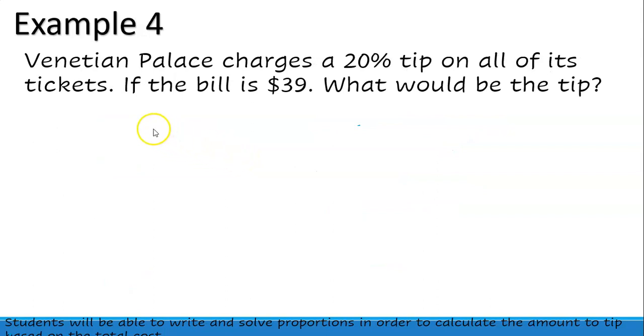Okay, Venetian Palace is one of the restaurants that I know charges a set tip. I believe it's 20% tip on all of its tickets. Lots of times if you go out to eat at a restaurant, if you have a group larger than 6, they'll charge a gratuity. That's what they call it at the restaurant. And they'll say that the gratuity will be added to the total bill for groups larger than whatever.